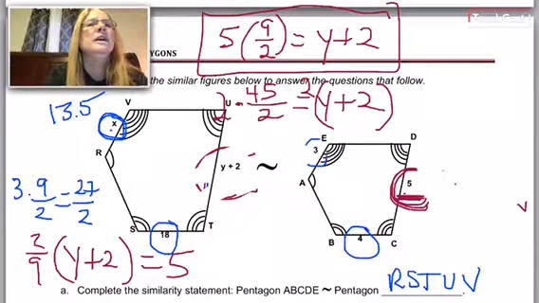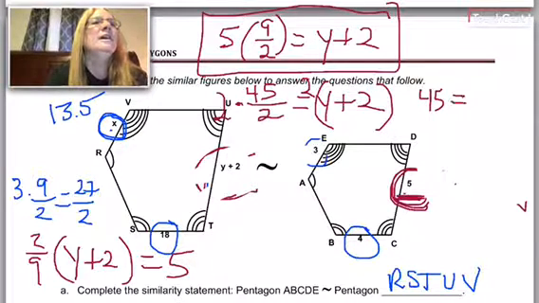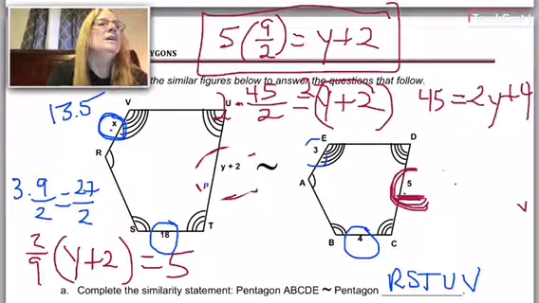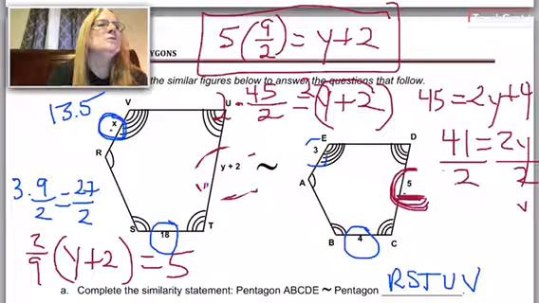Maybe we'd like to do that. 2 times 45 over 2 is 45. And then multiply 2 times y and 2 times 2, and you get 4. If you subtract 4 from both sides, you get 41 is equal to 2y, and divide both sides by 2, and you get 20.5.